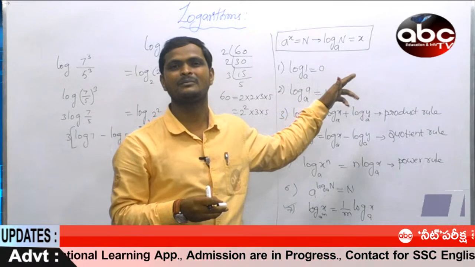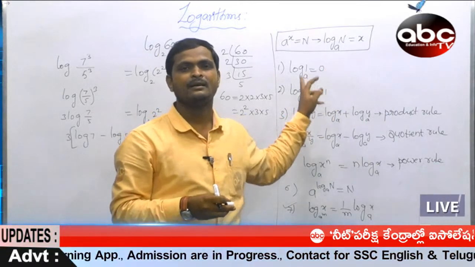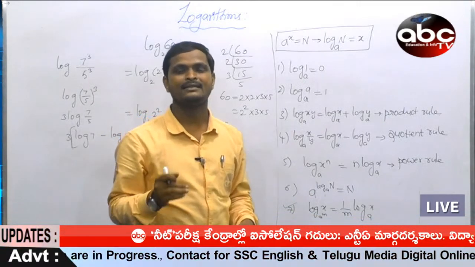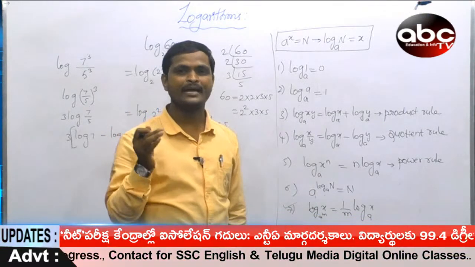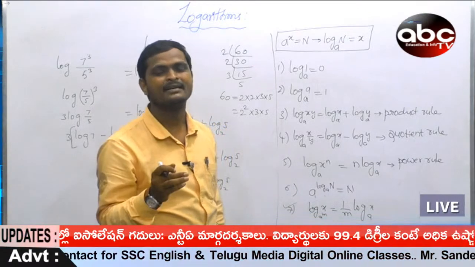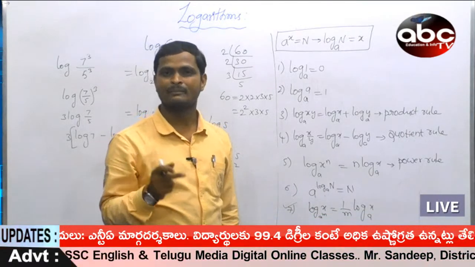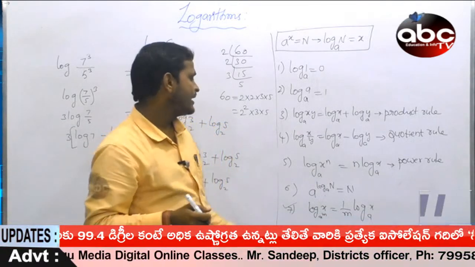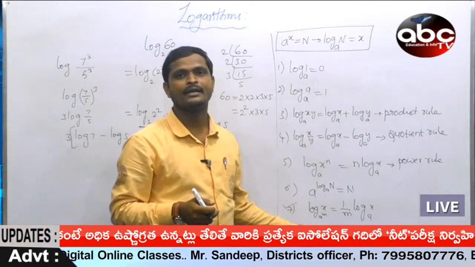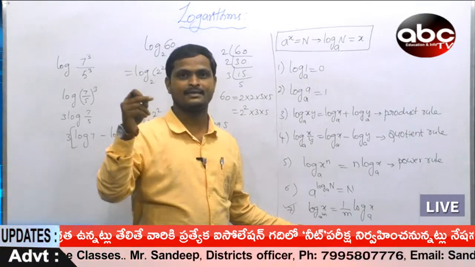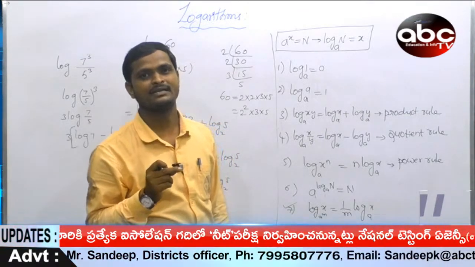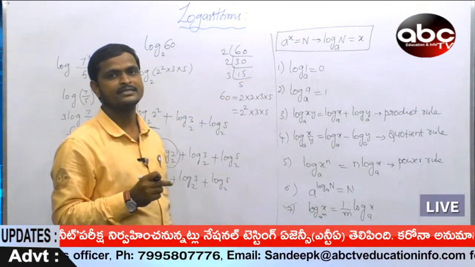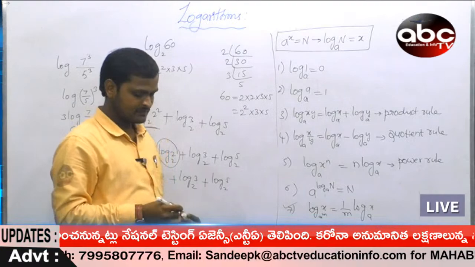That is the general form of logarithm. Then properties of logarithm. Log 1 with any real base is 0. When number and base are same, log a base a, we get 1. Next one, product rule, quotient rule, power rule, and one more, a power n, when in terms of base power is there. Right? These are the properties of logarithm. Is it clear, students? Okay.